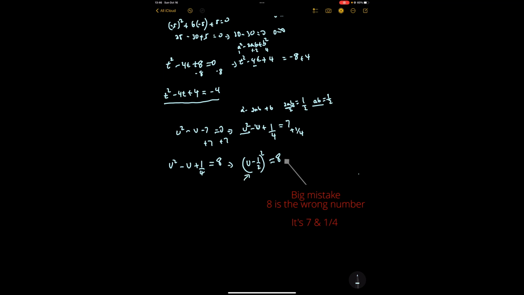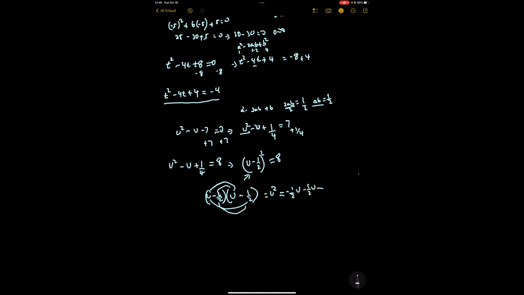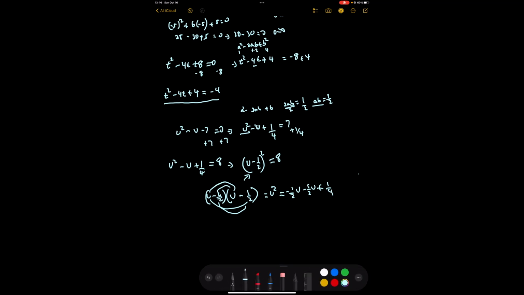If we open that up, that's going to be u minus half times u minus half. So u times u equal to u squared, and u times negative half is equal to negative half u. Half times u is equal to negative half u, and negative half times negative half is equal to a quarter.